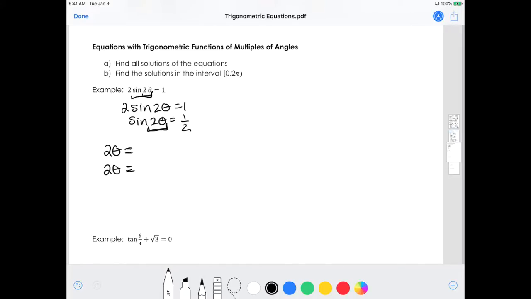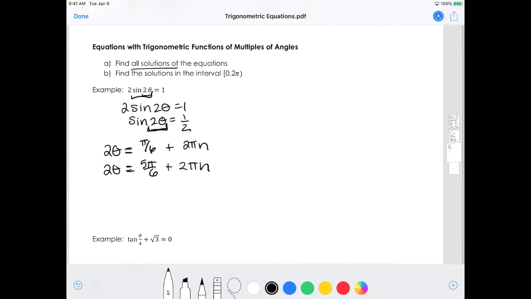That would be pi over 6. And since we're trying to do this for all solutions, we're going to actually add in 2 pi n for all the multiples. And then the other option is at 5 pi over 6. That's where we would have all of our angles that would open up and give us a y coordinate of 1/2 in the terminal point.